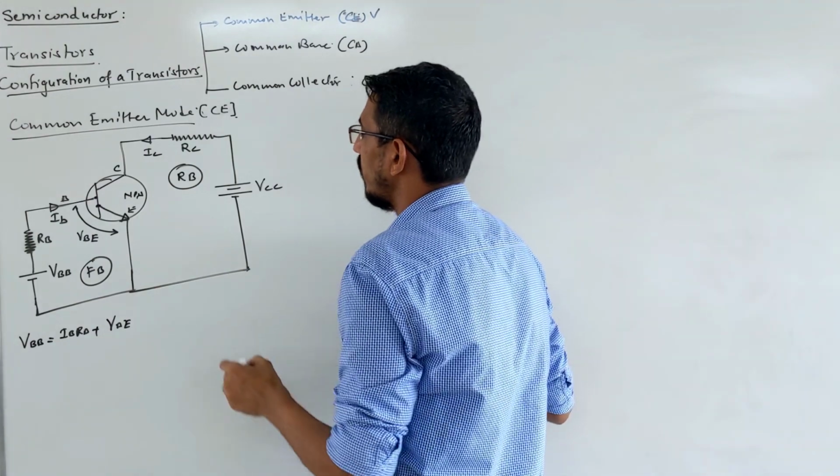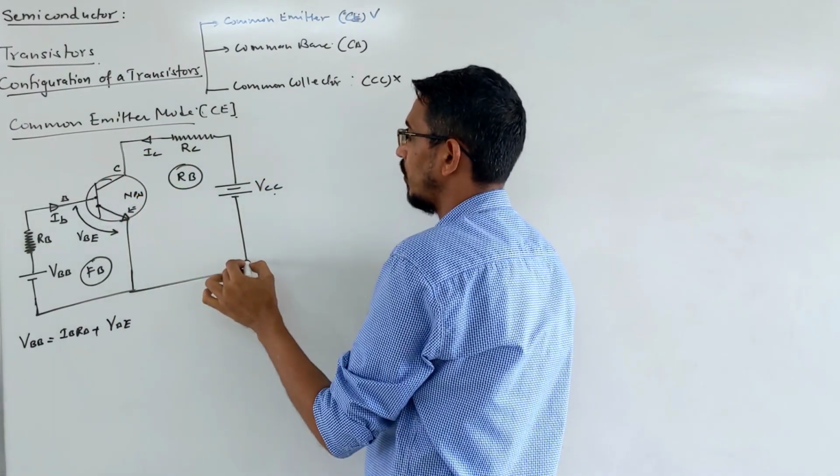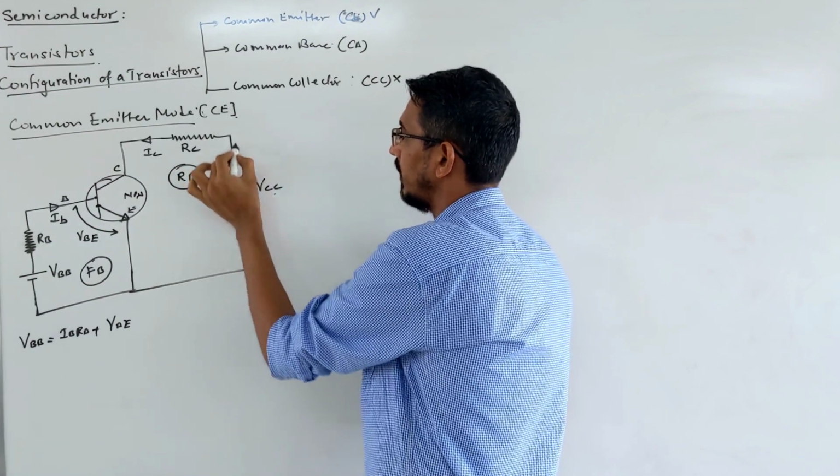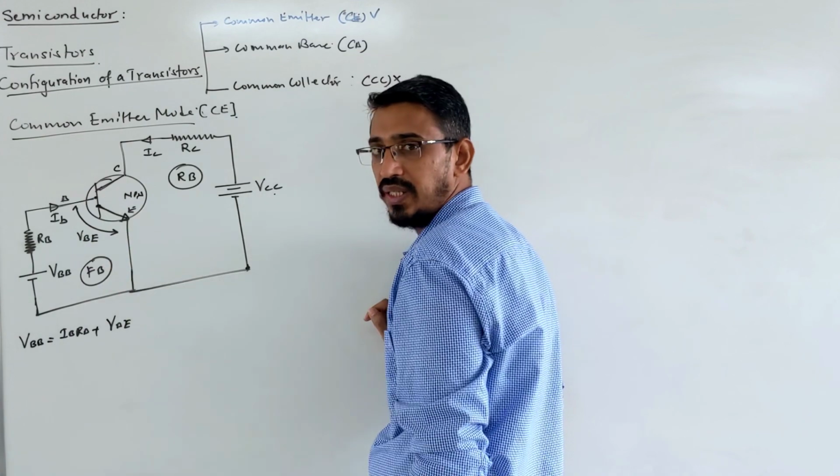And where does this VCC voltage go? Output loops you can start from anywhere. From this point you have this junction and that junction; there are two junctions.